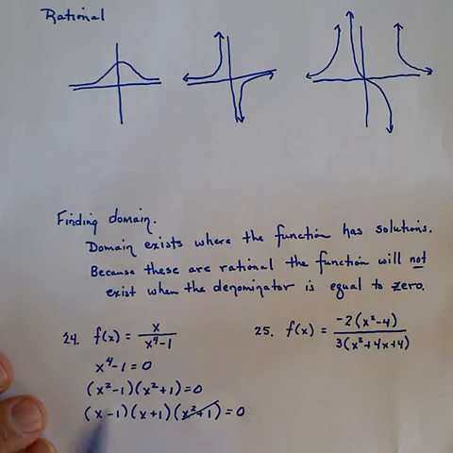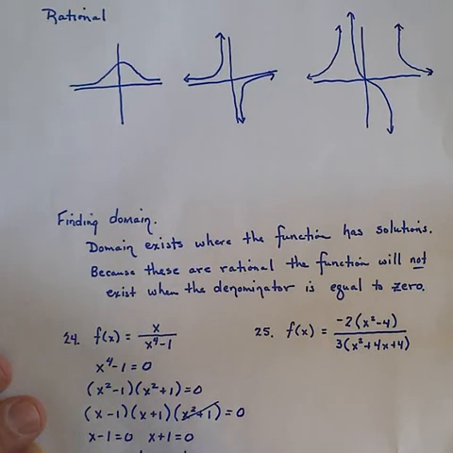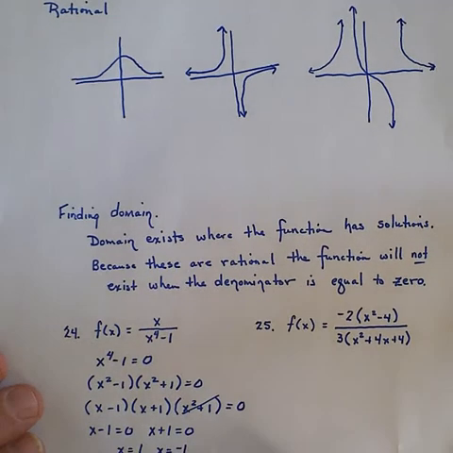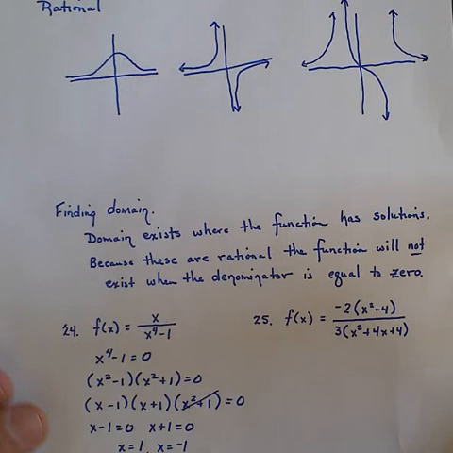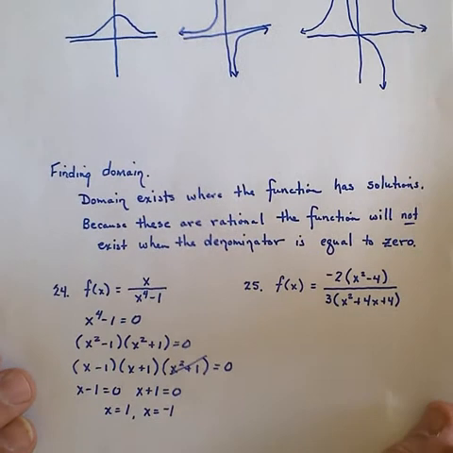When you set each of the other factors equal to 0, I get x equals 1 and x equals negative 1. Let me scoot that up just a little bit more. Those are my exceptions.